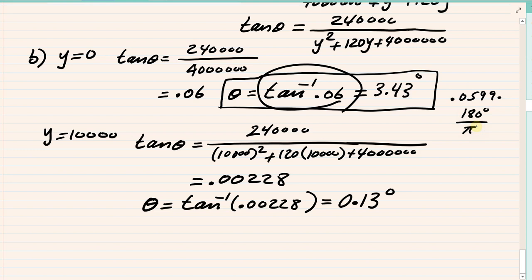Because remember, these are in radians. So that's how I got this number: times 180 divided by pi gives you that number.